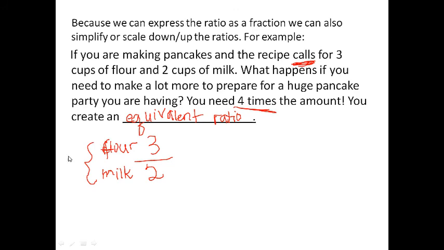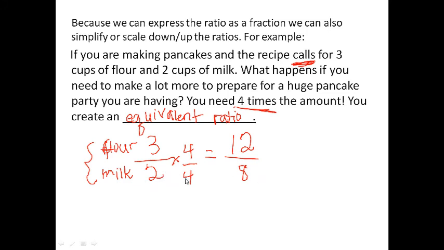Now if I need 4 times that amount, what are you going to do? Well, you're going to multiply each one by 4, numerator and denominator, both parts of the ratio, and you're going to come up with 12 cups of flour, and then I'll need 8 cups of milk.